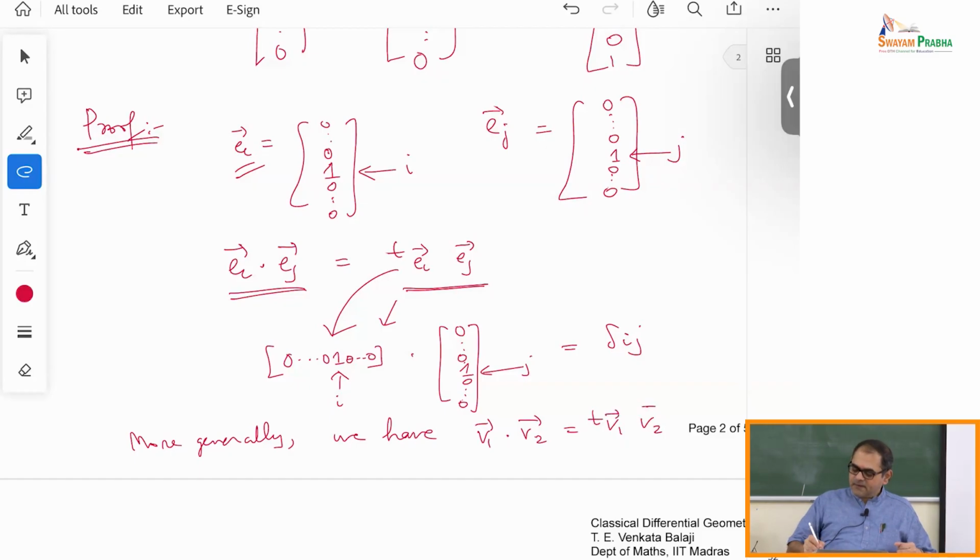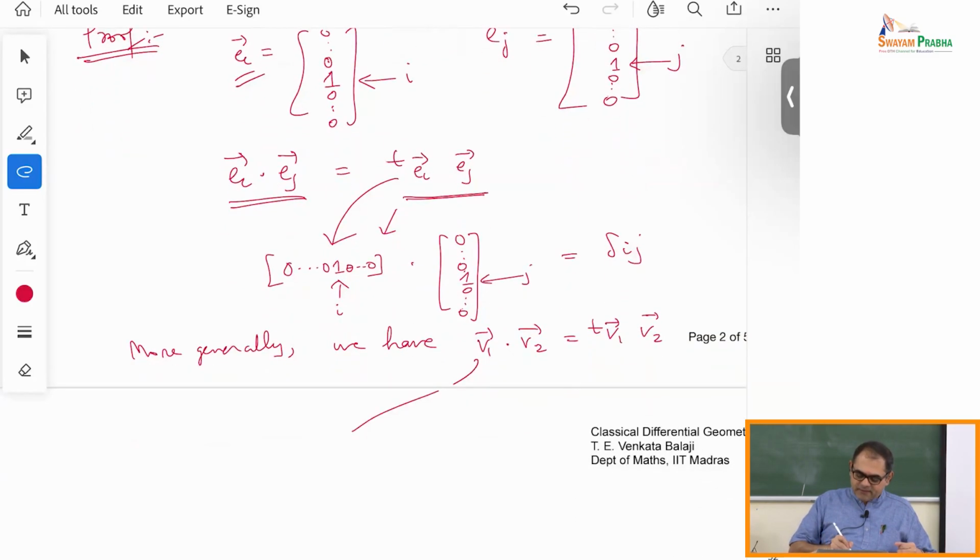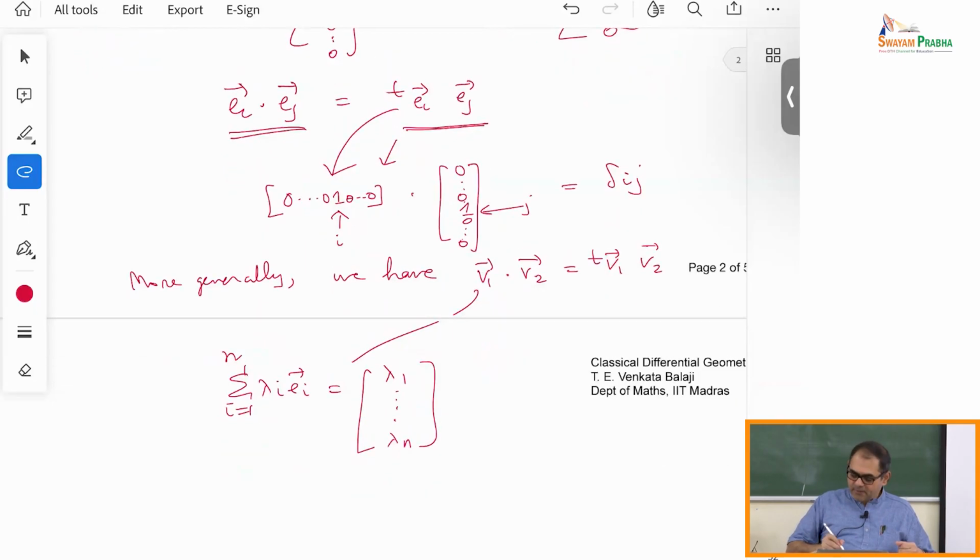Because if you take v1 as the sum over i equal to 1 to n of lambda i ei, that means v1 is the column vector given by lambda 1 up to lambda n. If you write it in vector notation, I can put 0, 0, 0 everywhere and just lambda i in the ith position.